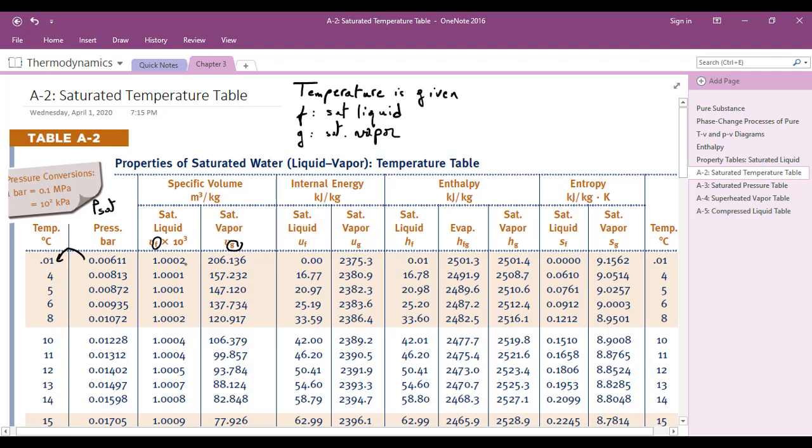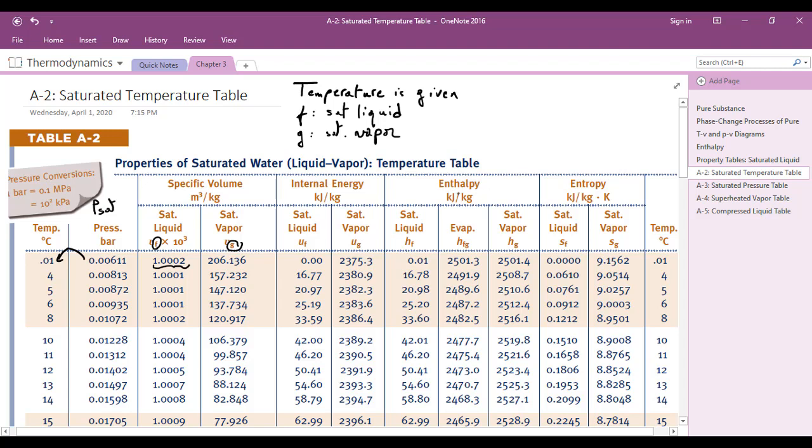So this value is magnified and is multiplied by 1000 in order to be put in the table. So the actual value is, let's say here, 1.0002 times 10 to the power minus 3, because this is multiplied by 1000 and put into the table. For the internal energy also, we have uf for the saturated liquid and ug for the saturated vapor.